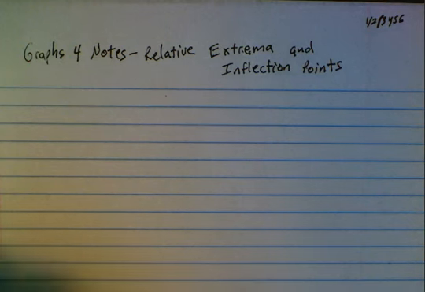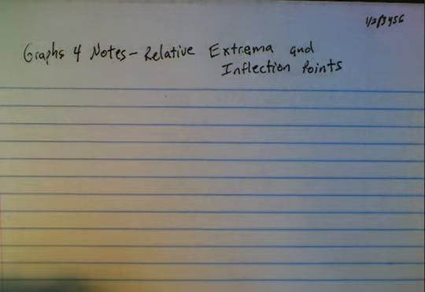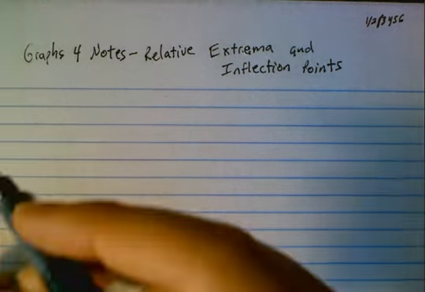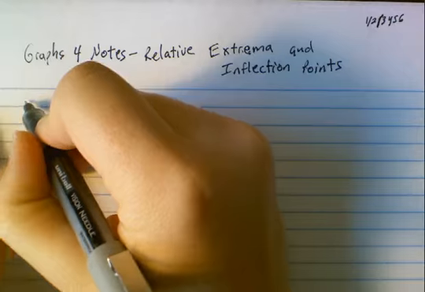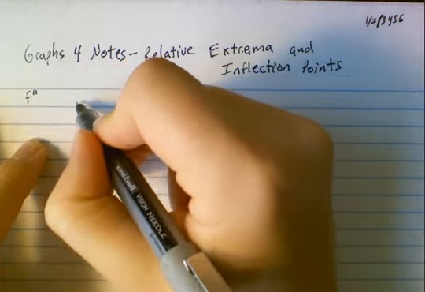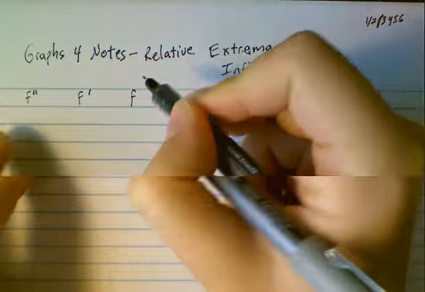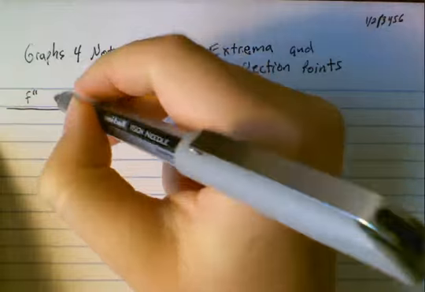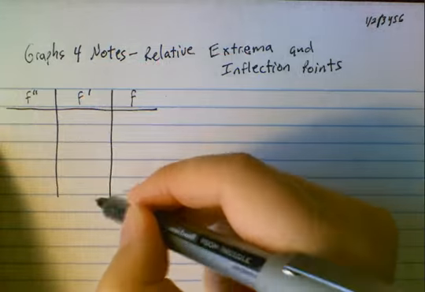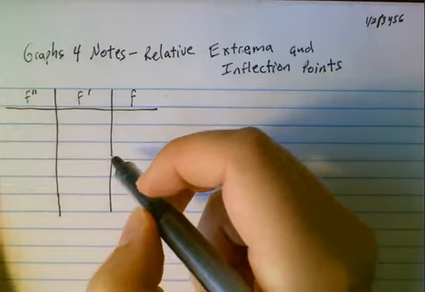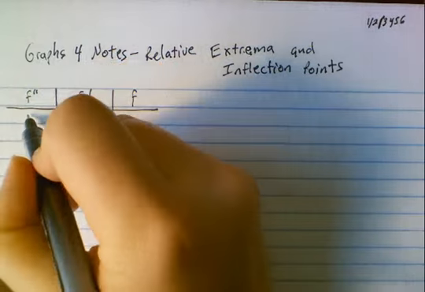So the first thing is that you really need to have memorized the chart from previous times. So we can just do the basic form of the chart. So f double prime, f prime, and f. See if you can fill this in faster than I do.